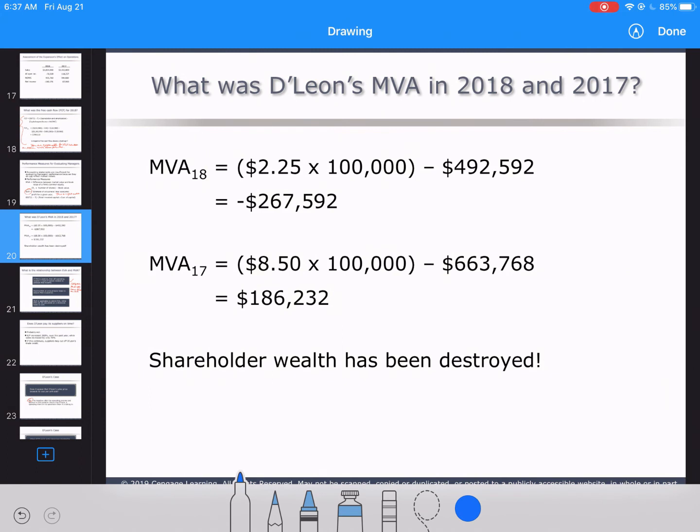So for this company, your MVA for 18 is 267,000, and your MVA for 17 is 186. So you see the market value added is destroyed in the sense that this is a negative 267.